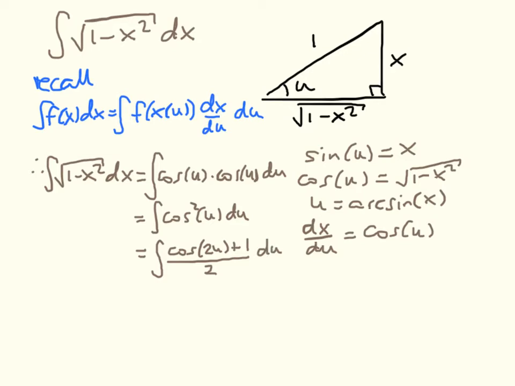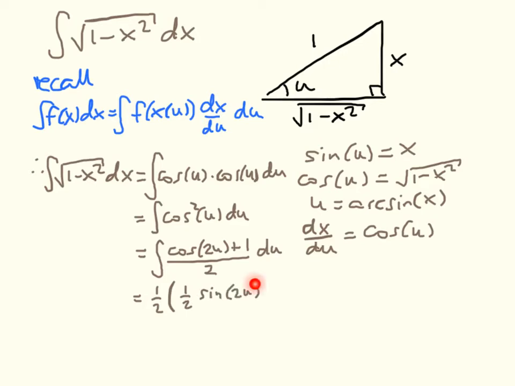And now we have something which is easy to integrate, plus something here, just a half, which is very easy to integrate. So what we get is, let's take out a factor of a half, this factor here on the bottom, and the integral of the cosine of 2u is going to be a half sine of 2u.